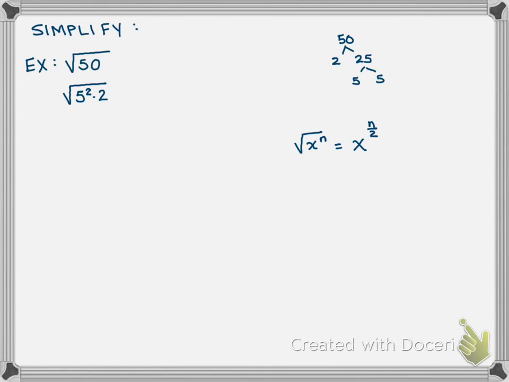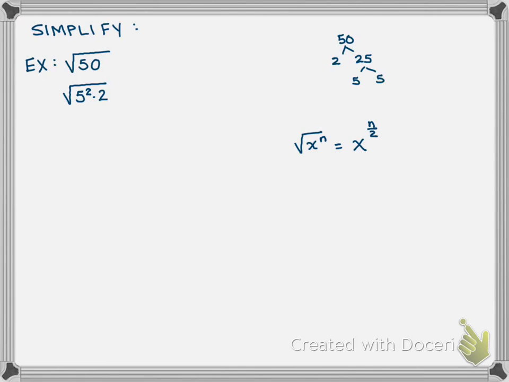And then as long as everything is multiplication or division, we can break these up and put them back together as much as we want. Everything works out really nicely with radicals if we have multiplication and division. If we have the square root of 5 squared plus 2, then it's no longer really fun and easy to just break things up and put them back together. But as long as everything is multiplication and division, we can break these up into 2 radicals, put them back together into 1 radical, whatever we want.